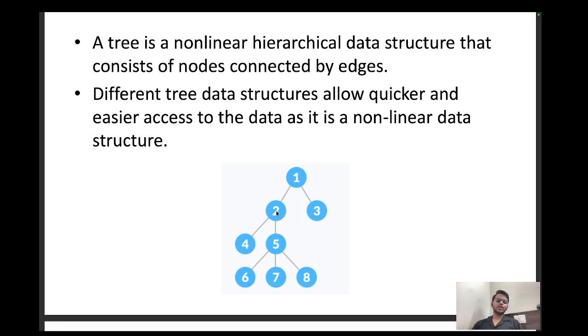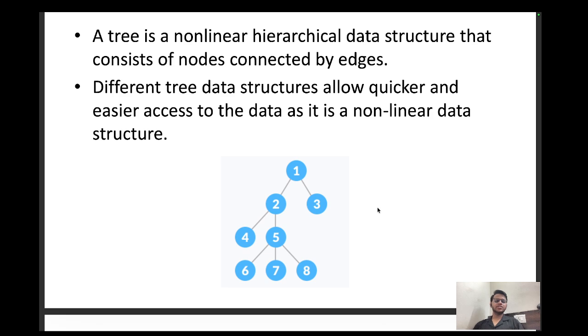So these 1, 2, 3, 4, 5, 6, 7, 8 are nodes of the tree. Nodes are, I would say, the building blocks of trees. It is not the correct definition to be written in the exams. I'm just explaining it so that you can memorize it and imagine it in your brain. So these circles are named nodes, and you can imagine that these nodes are the building blocks of trees.